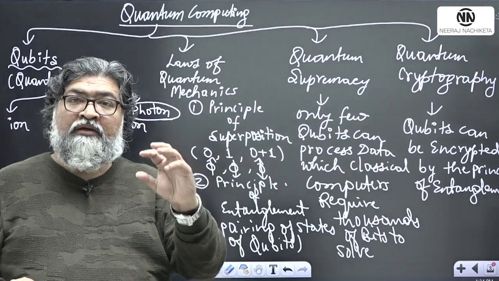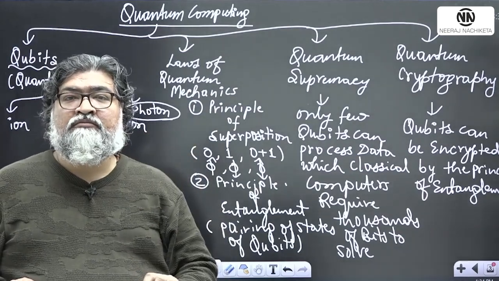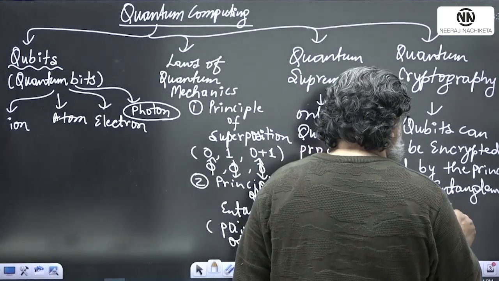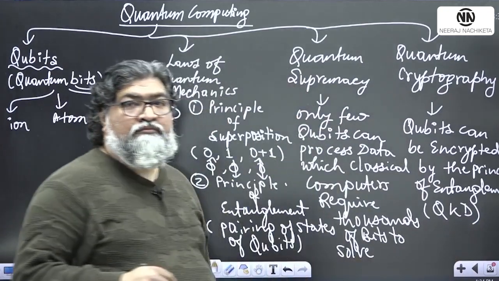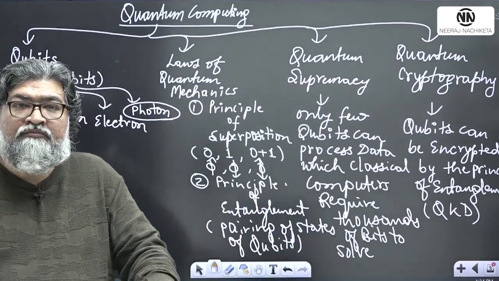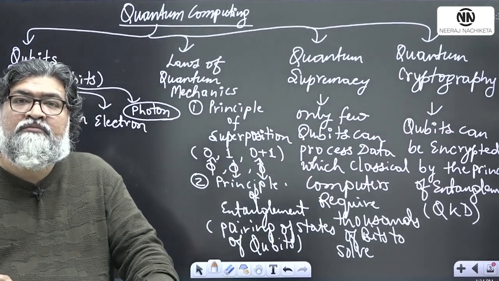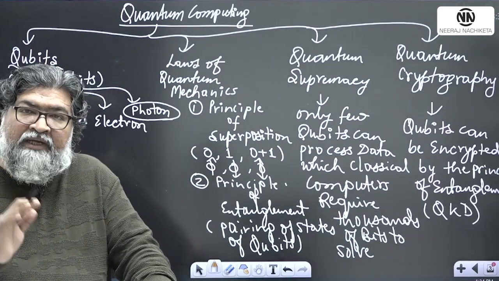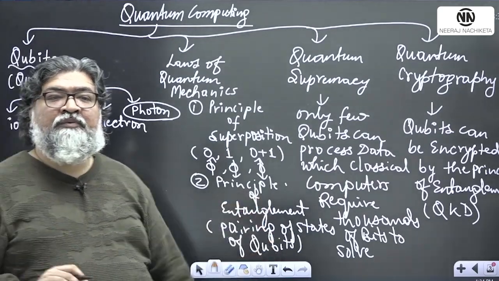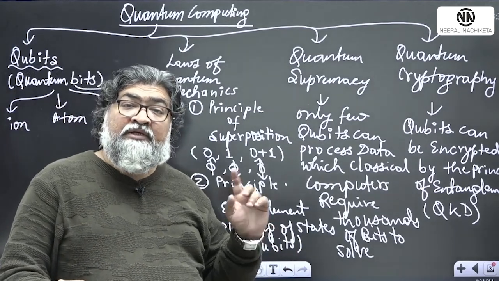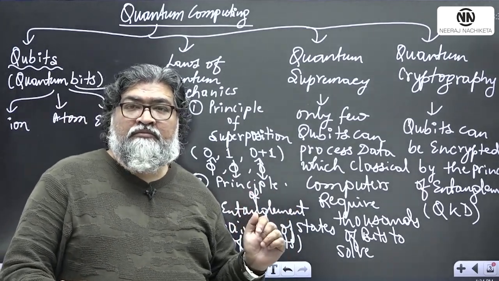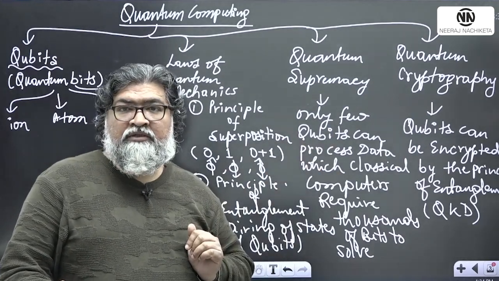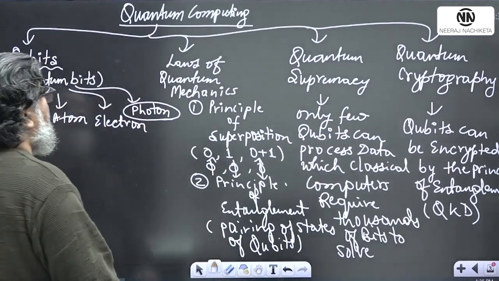So it helps in a proper security gateway. In this context, there is something called quantum key distribution, QKD. Quantum key distribution protects from hacking, cyber fraud and cyber security threats, preventing any kind of hacking. That is where cryptography comes in. That's another important application of quantum systems, not only for computers but also from a communication point of view. This is what I have mentioned here, that you have to be aware of.